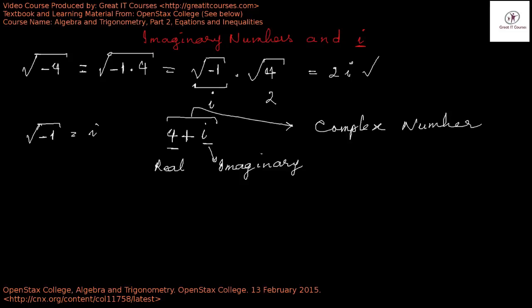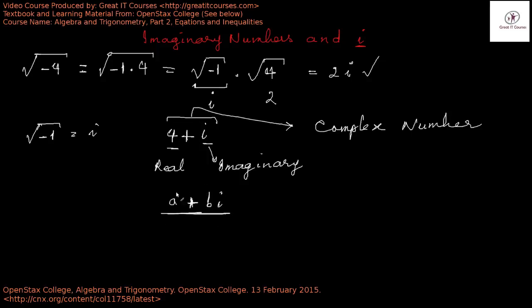And that's all there is to this. The only thing you need to know is that a complex number written in standard form has the real part a written first, and then the imaginary part bi, and that is the standard form of a complex number.